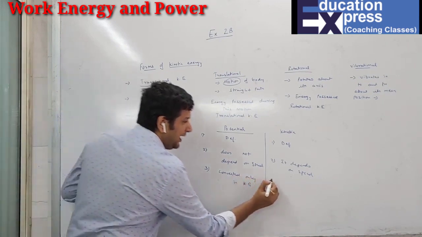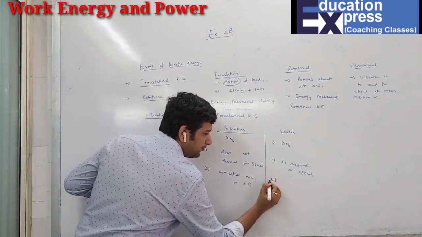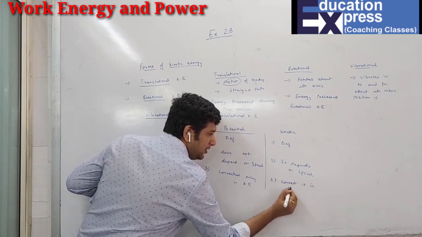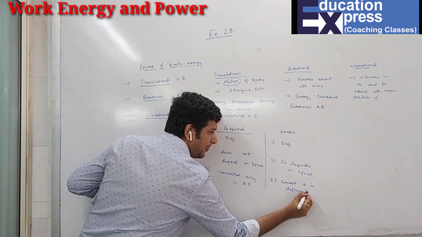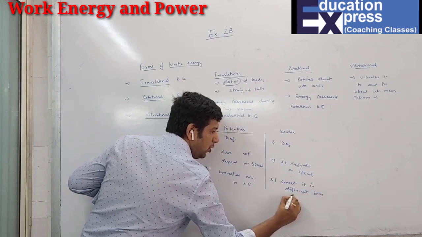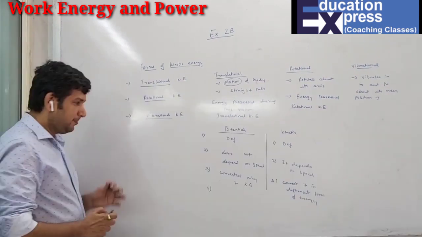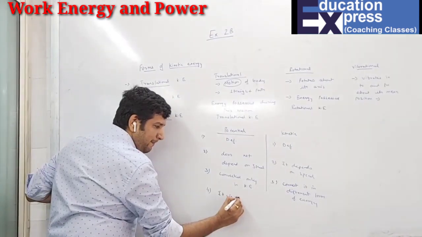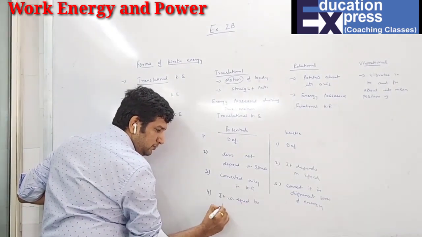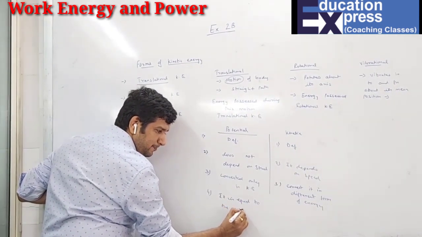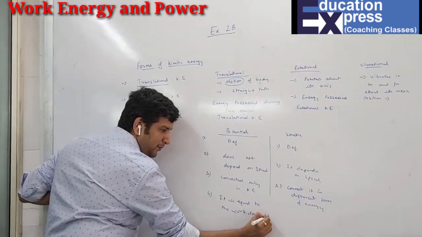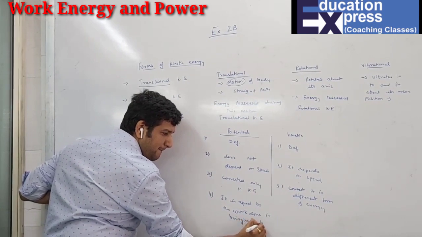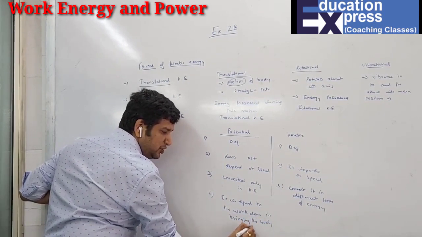That means when the body has potential energy, the only form of energy into which you can convert it is kinetic. And kinetic energy you can convert into different forms of energy. And the final, fourth point: potential energy is equal to the work done in bringing the body to a changed position.